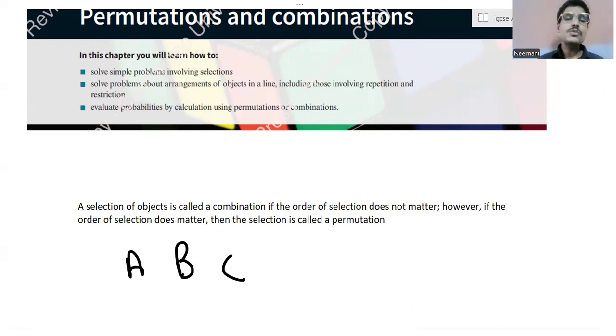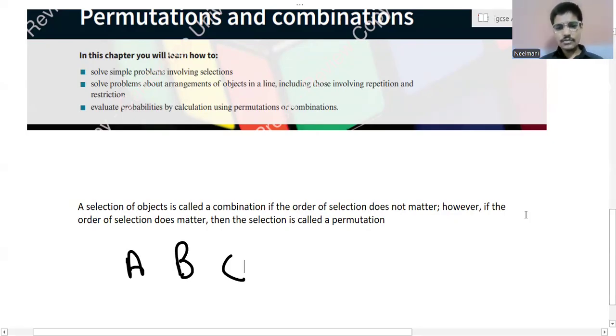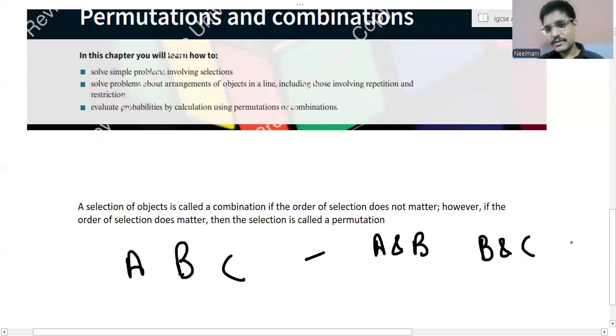If I talk about combinations, how many are possible? You may say A and B, B and C, and the third one A and C. Only three combinations. This is known as a combination, the first one we are talking about.